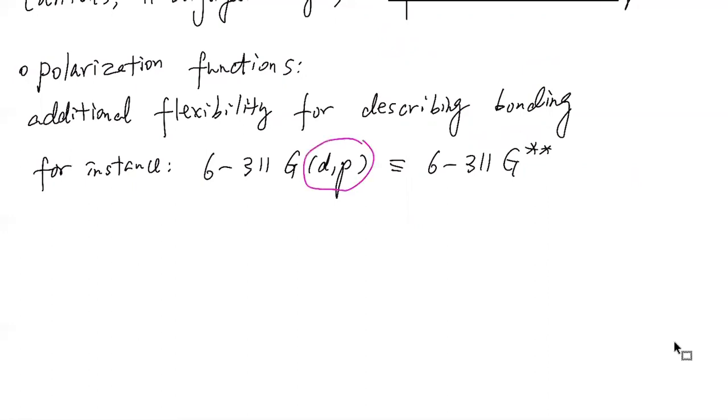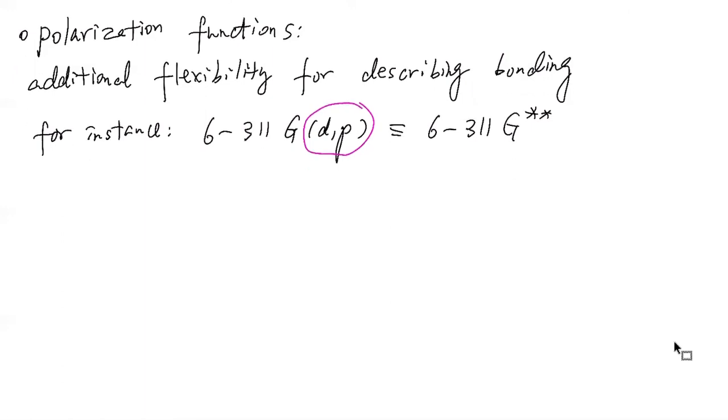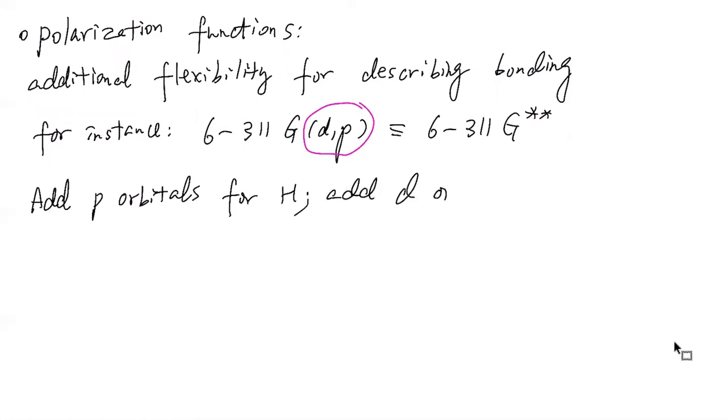The parenthesis (d,p) means the additional flexibility from the polarization functions. It really means adding p orbitals for hydrogen and adding d orbitals for lithium to neon.